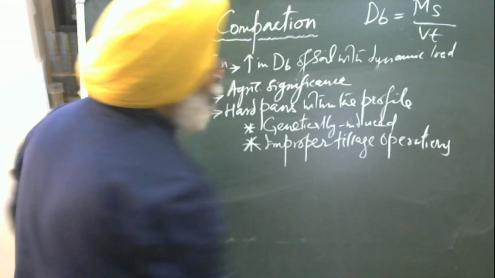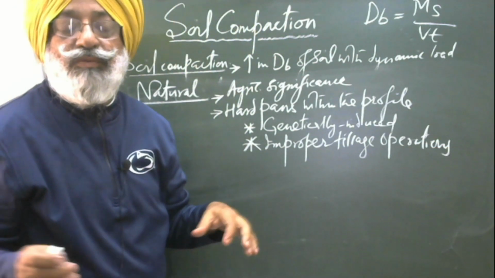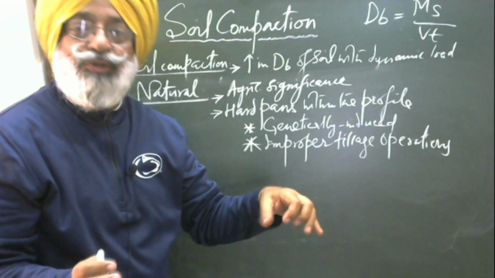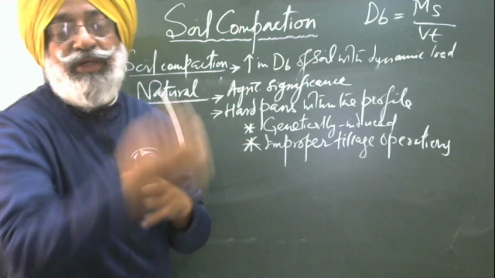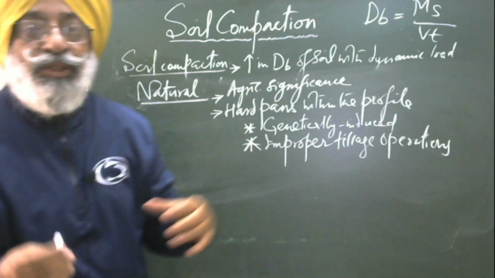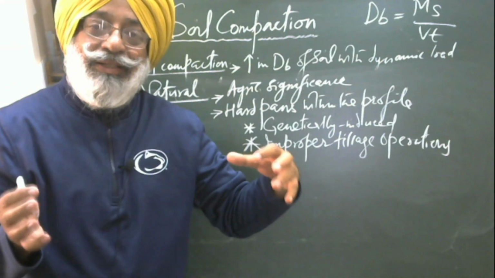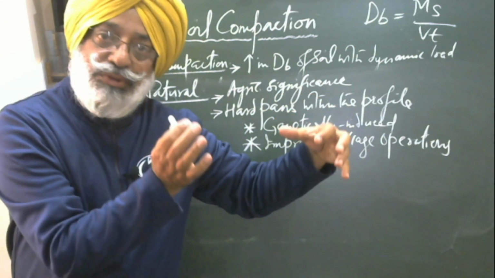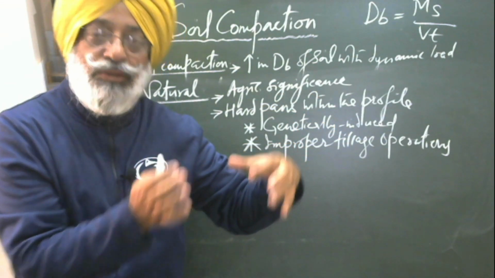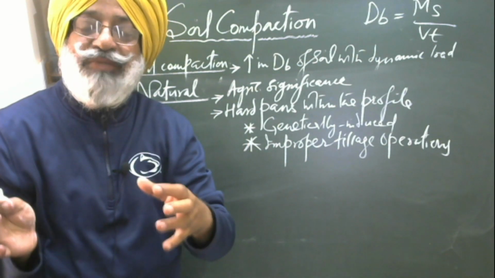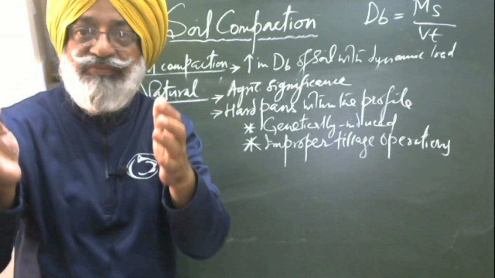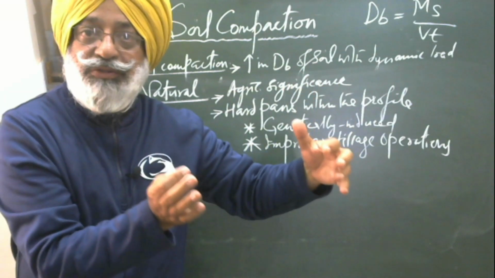When I say improper tillage operations, for tillage operation to be successful, one of the major objectives of tillage is to create a proper physical condition of the soil, so as to maintain a balance between soil air and soil water.